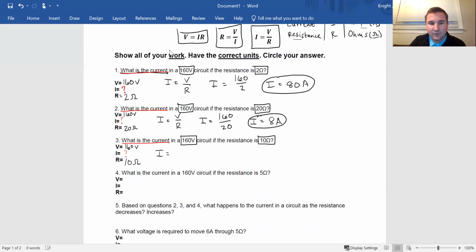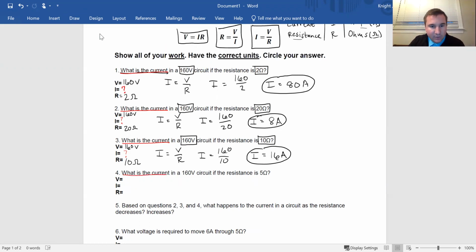I equals V divided by R. I equals 160 divided by 10. And 160 divided by 10 should give us 16 amps, I believe, if I did my math right there. 16 amps.